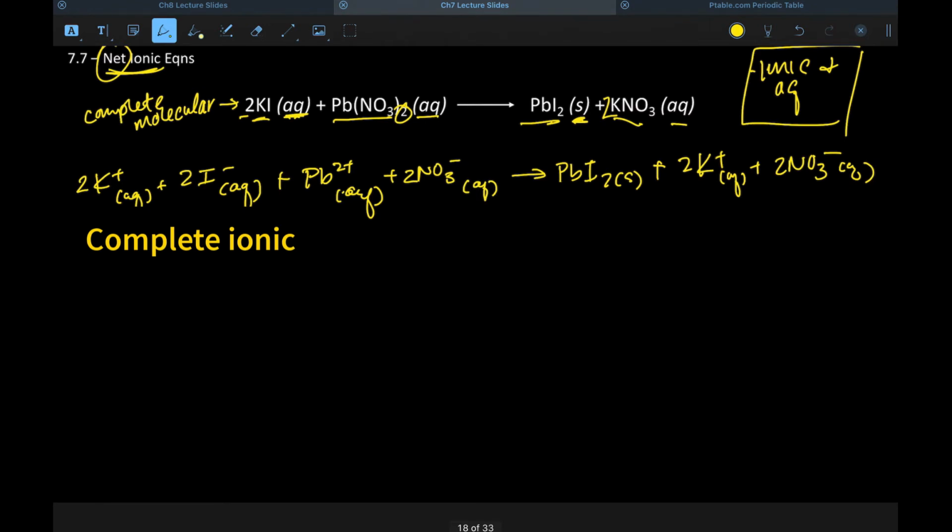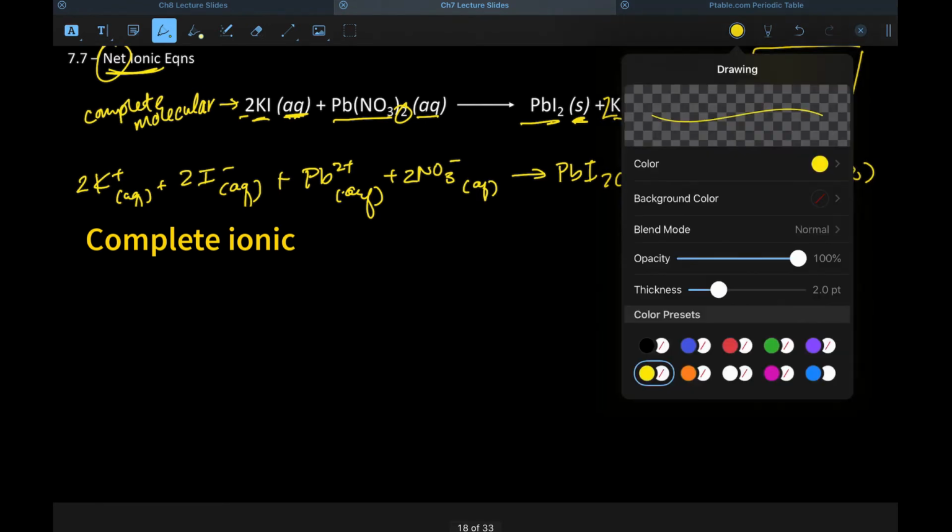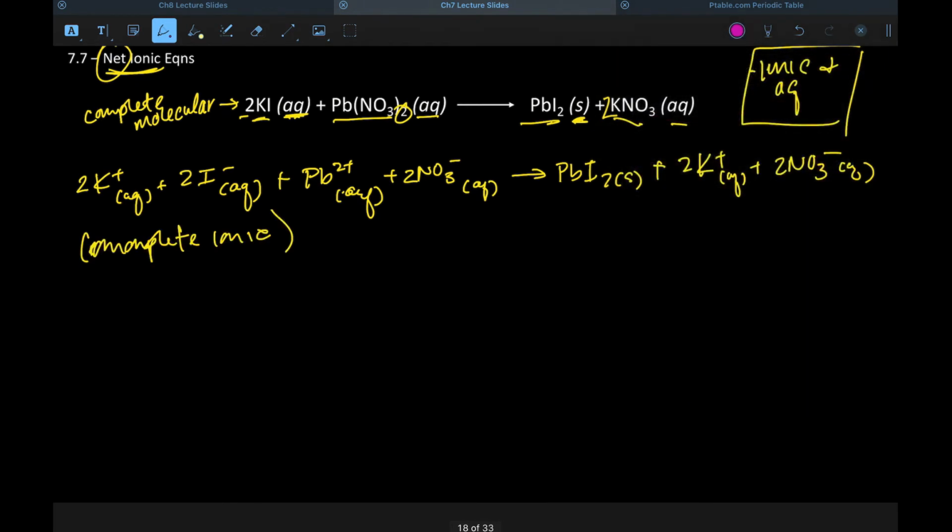Now, how do I get from the complete ionic to the net ionic? In order to get from complete to net, I'm going to cross out all of these spectator ions, which are the species that are exactly the same on both sides. So here, exactly the same, cross that out.